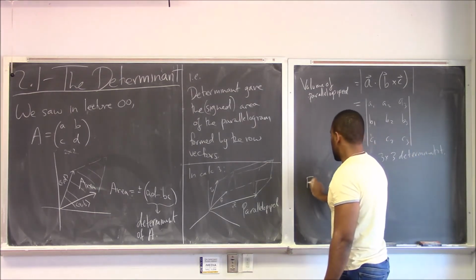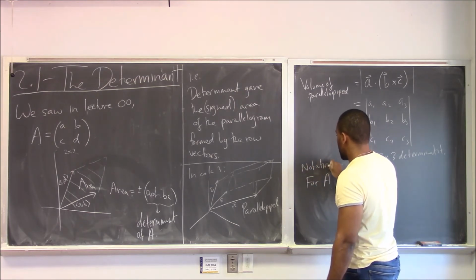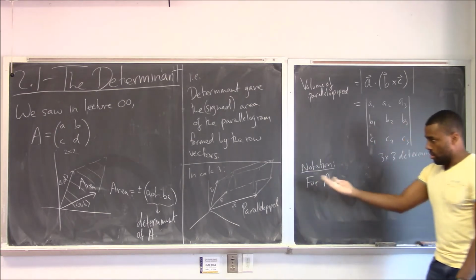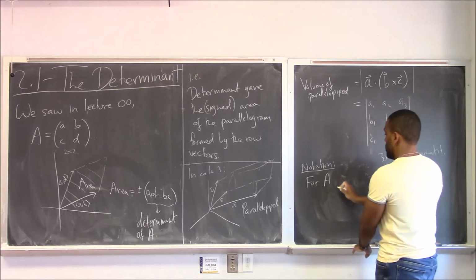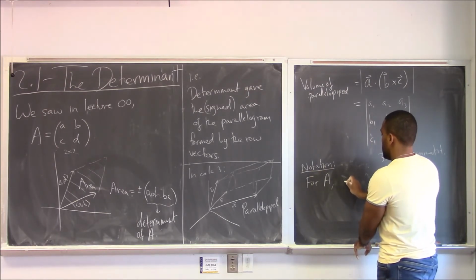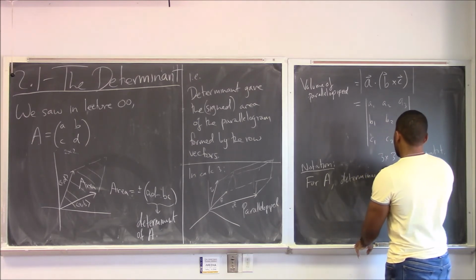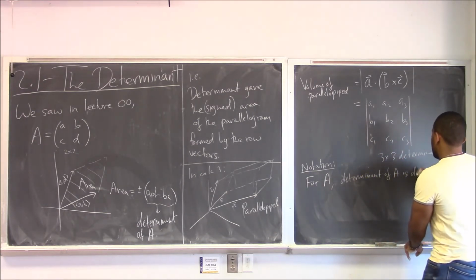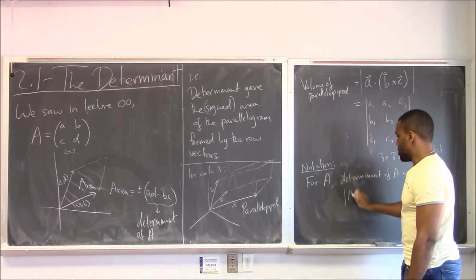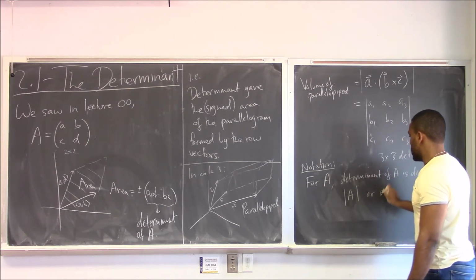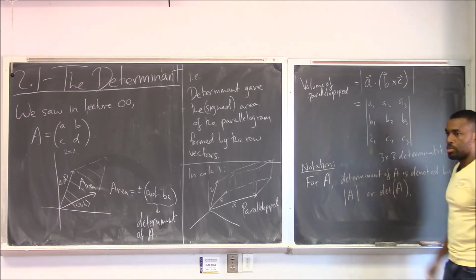Now I'm going to talk a little bit about notation, then we're going to see somewhere else this shows up, then I'll talk about how to actually compute it. For A, the determinant of A is denoted by just putting bars around A, or det A. That's why they had that straight bar notation for the cross product back in Calc 3.